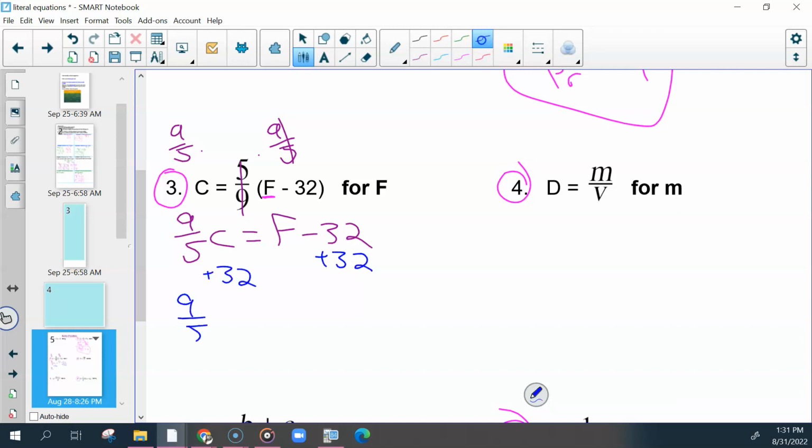So 9/5 C plus 32 equals f. This is actually how you convert between Celsius and Fahrenheit degrees, if you were curious. Questions on 3?